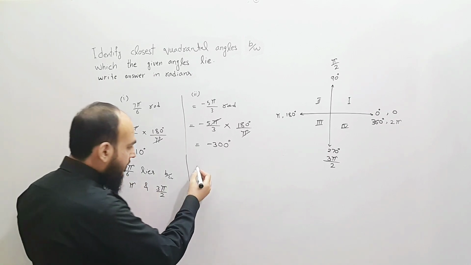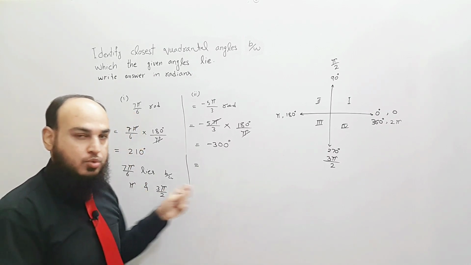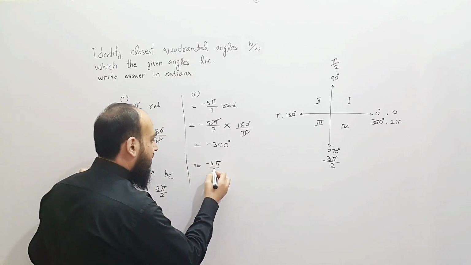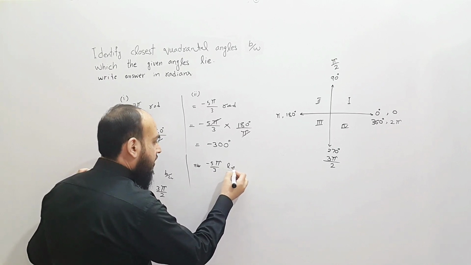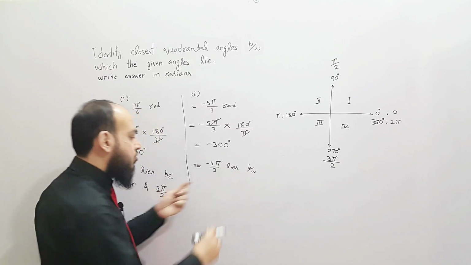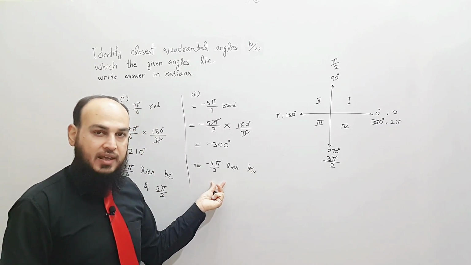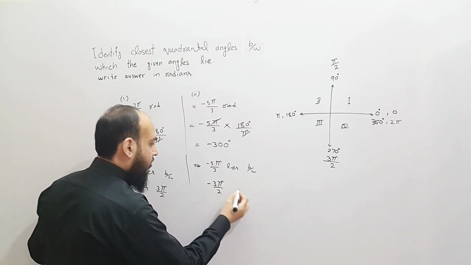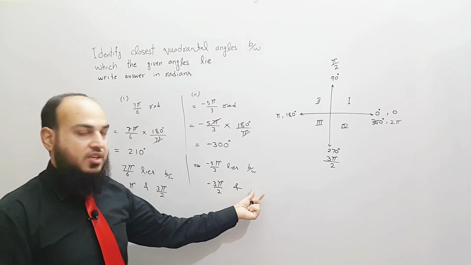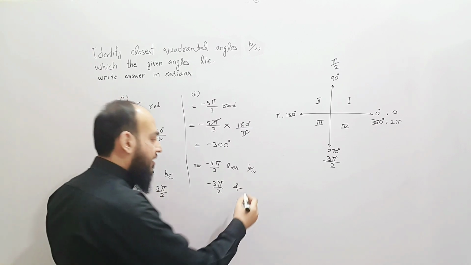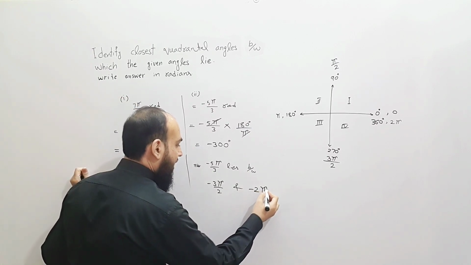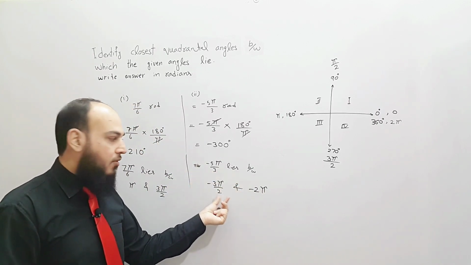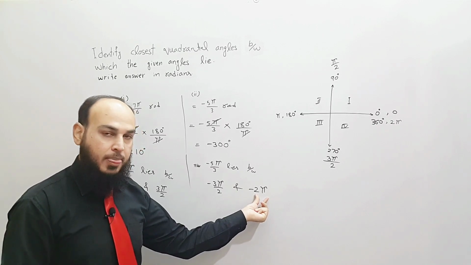Minus 270 is minus 3 pi by 2 in radians, and minus 360 is minus 2 pi. It means minus 5 pi by 3 lies between minus 3 pi by 2 and minus 2 pi.